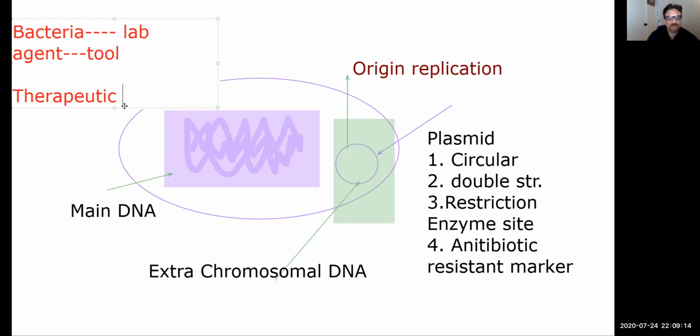So bacteria, which is dangerous, which causes disease, scientists have tamed the bacteria, have converted the foe into a friend, such that we can utilize bacterial plasmids and bacterial enzymes to develop therapeutic and diagnostic tools.